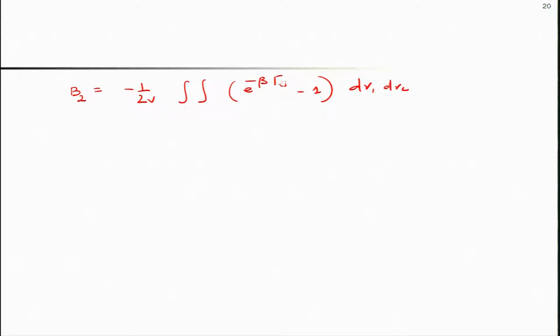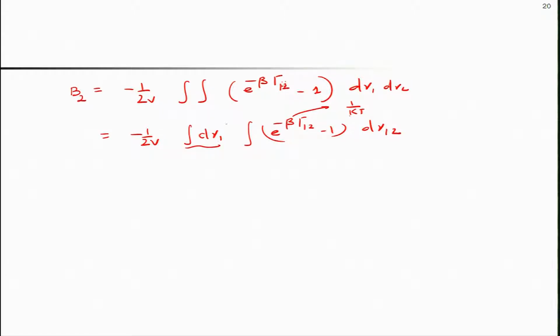We can replace this as 1 2. Now, I can rewrite this expression as dr1 times the integral of e to the minus beta gamma 12 minus 1 dr12, where remember that beta is nothing but 1 by kT, where k is the Boltzmann constant.